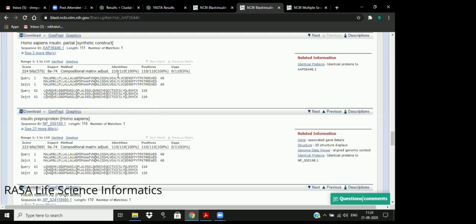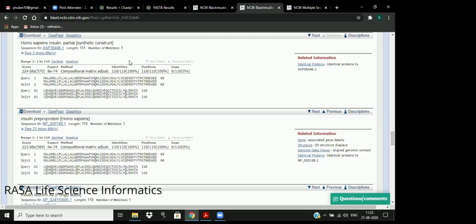As you can see, the top shows you 100% identity also. So definitely the sequence is identical to your query. Now you have to study this particular thing. If you see the organism description, it is Homo sapiens insulin synthetic construct. So what does this mean? You are having 100% coverage. You are having 100% identity. What does this mean?